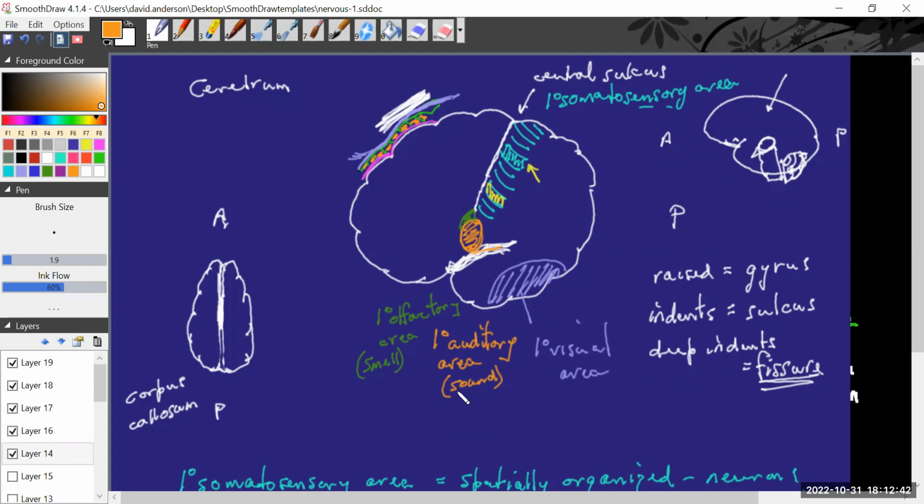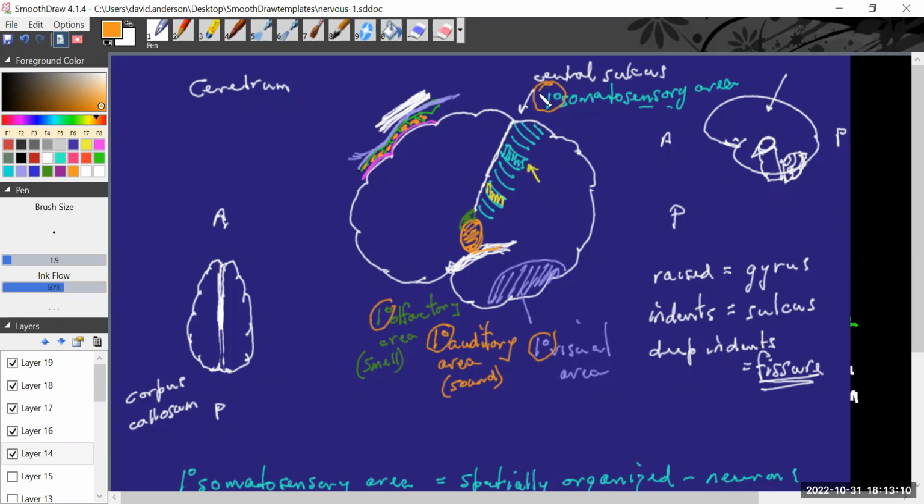Now, in the case of sensation, all of these primaries, you notice that primary is part of the description in each of these sensations. So when it has primary in front of it, it means that the sensory information is raw data.